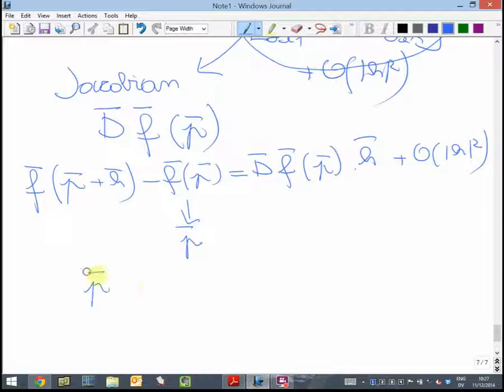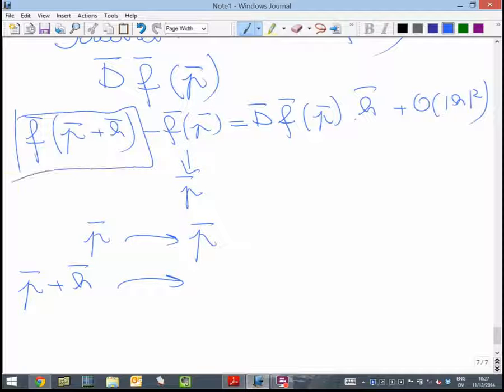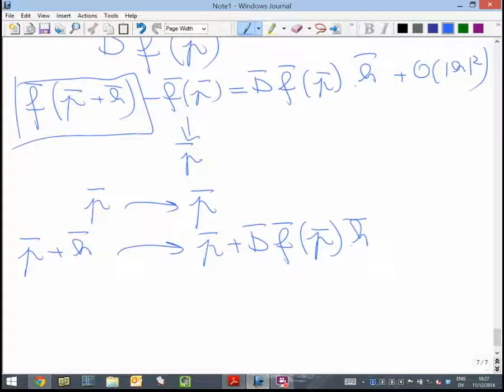If we have p and we apply the map once, we end up at p because it's a fixed point. If we look at a point in the neighborhood of p, namely p plus h, and apply the map once, f of p plus h is f of p, which is p, plus df_p h. So this is how points in the neighborhood of our fixed point p get operated upon by that map.